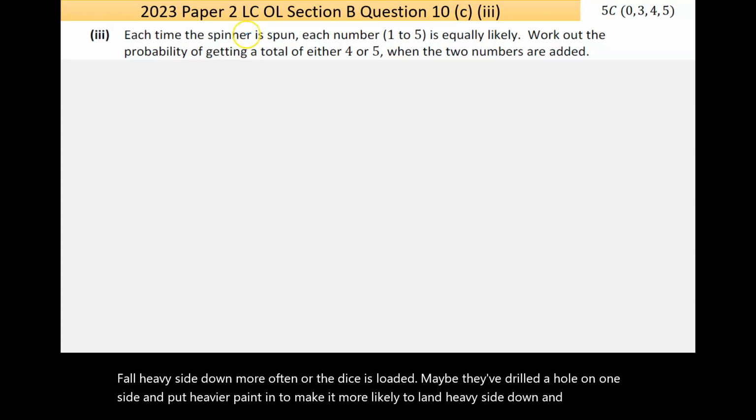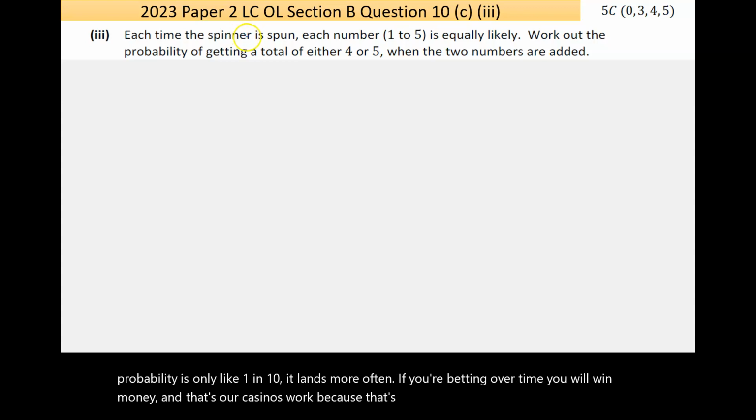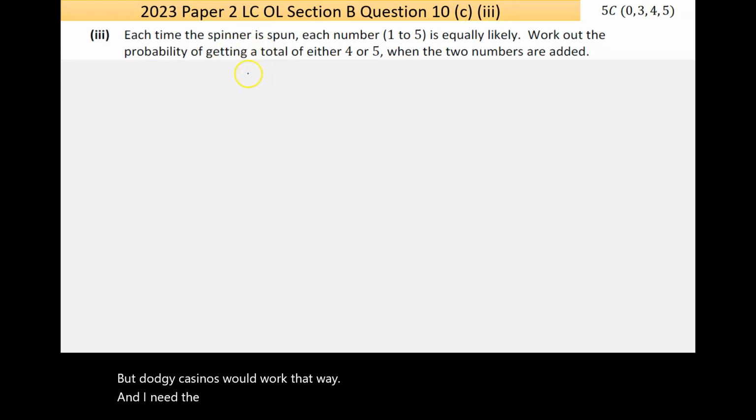And even if that probability is only like 1 in 10, it lands more often. If you're betting over time, you will win money. I'm not saying that's how casinos work because that's probably slanderous, but dodgy casinos would work that way, and any of the other number of ways they do to get the odds more in their favor.